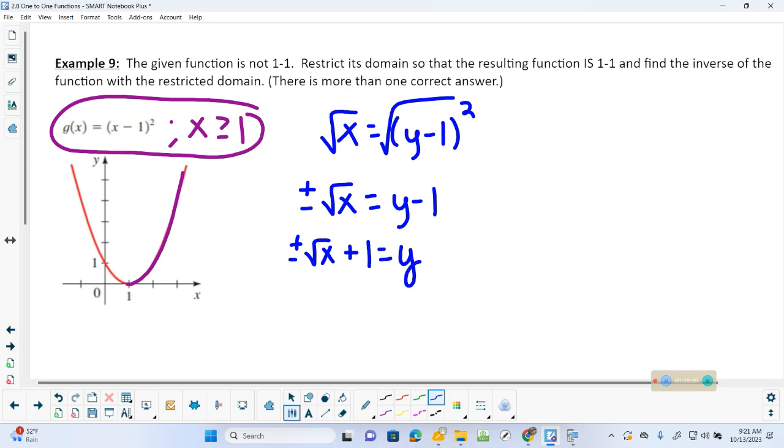Now, before I make my pretty f inverse equals, we've got to be smart here. Are you using the plus square root or the negative square root? Plus, since we went on the right side here. So for my inverse, I'm going to keep the positive square root. I'm not going to write the positive, so I'm just going to put square root of x.